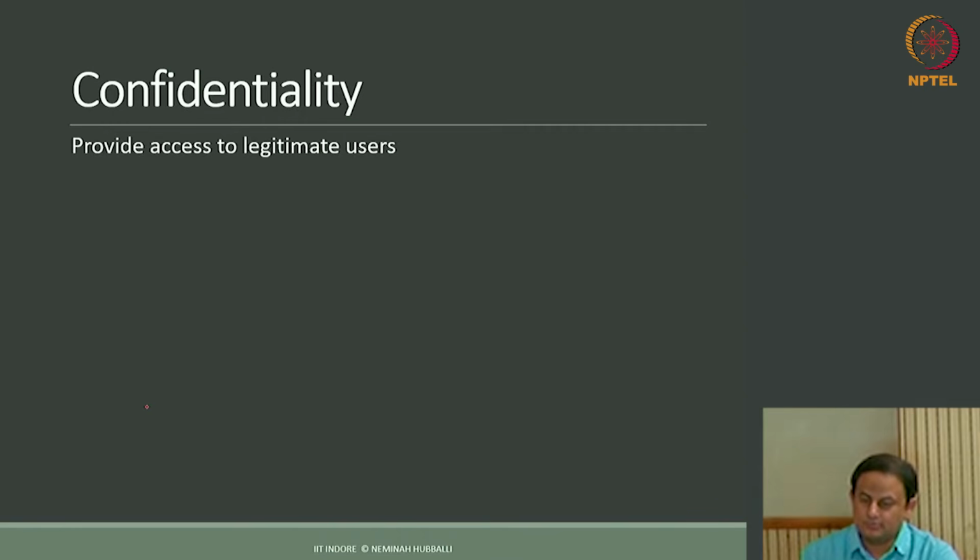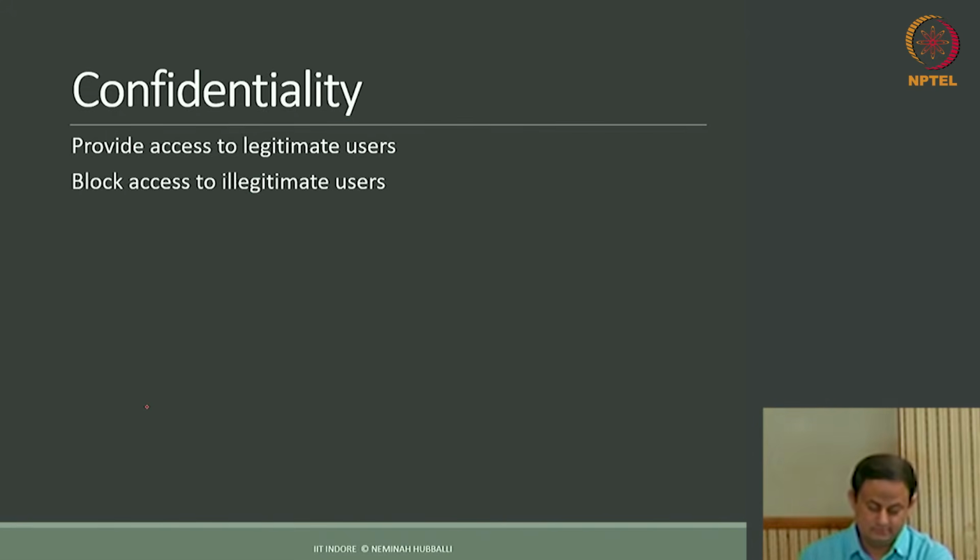One is it should provide access to the legitimate users who are the owners of that data. And second, unauthorized users who do not possess valid access to the data should be blocked. If these two conditions are satisfied, then we say that the confidentiality of the data is maintained.